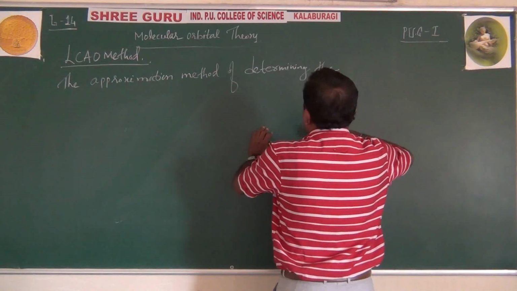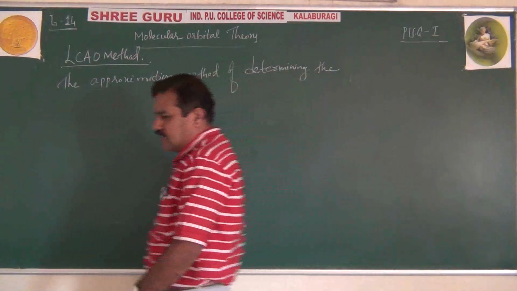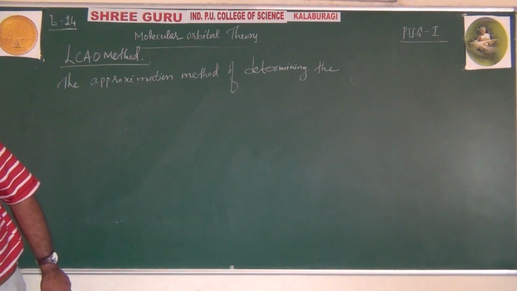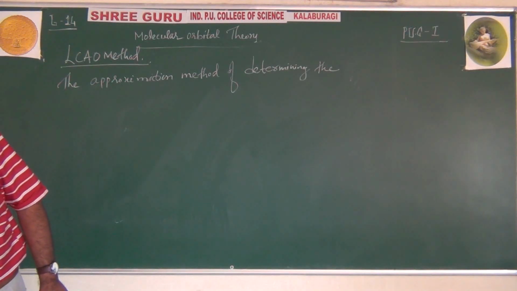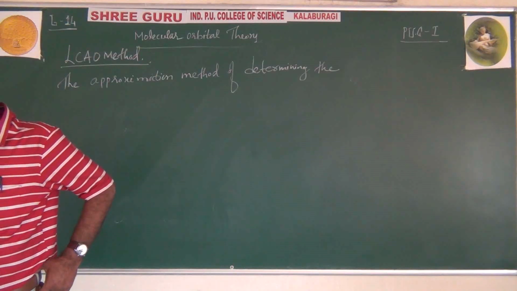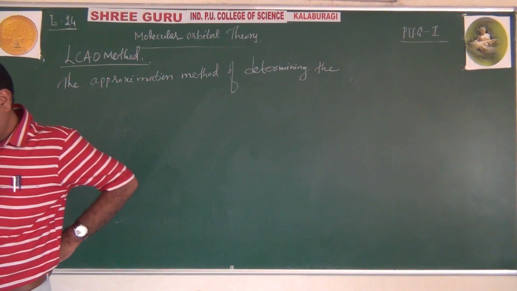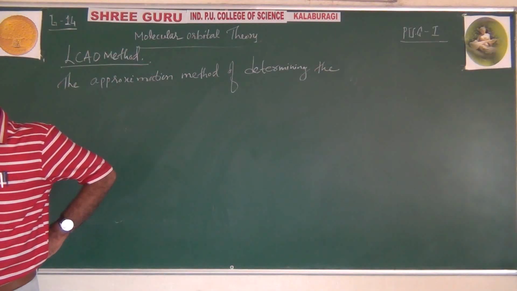Approximate method of determining the electron probability density, or else they can also say, the approximation method of determining this probability is nothing but the process of determining wave functions of molecular orbitals.